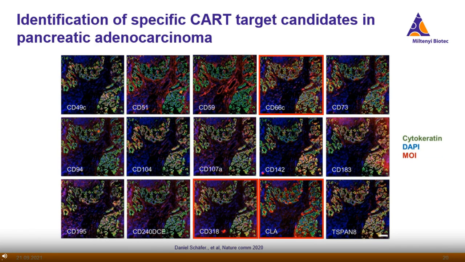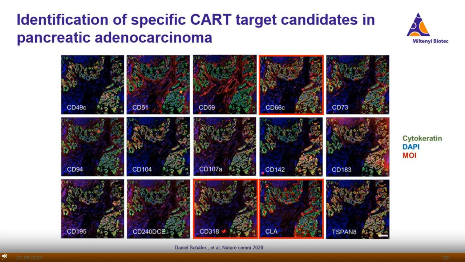the DAPI in blue, and the markers of interest are stained red. And among all candidates, they selected the markers that are co-expressed with the tumor cells, which means that they selected the red signal that is co-expressed with the green signal.